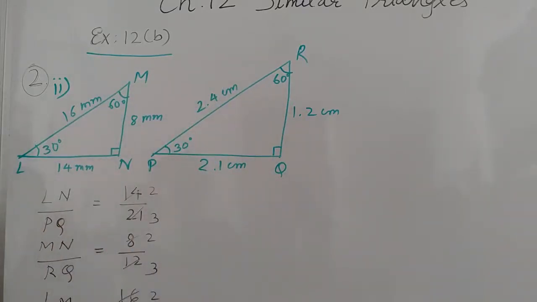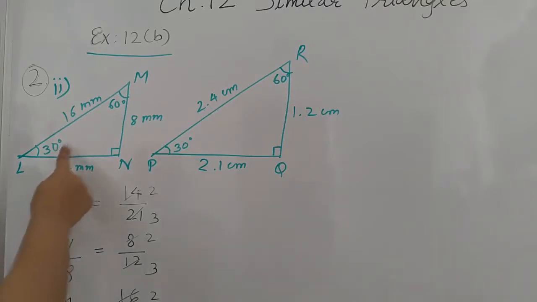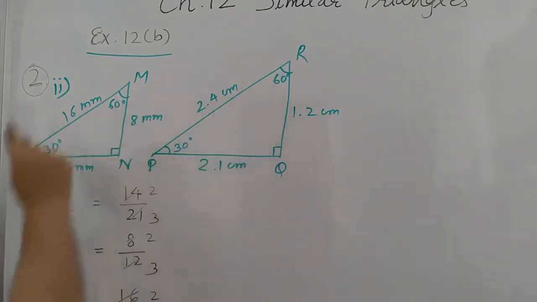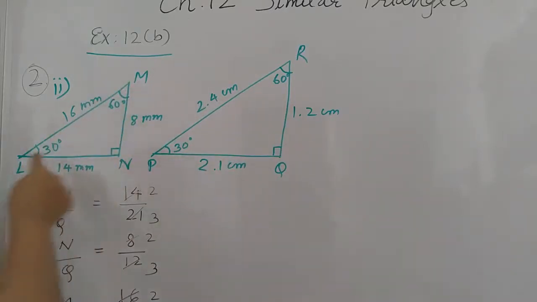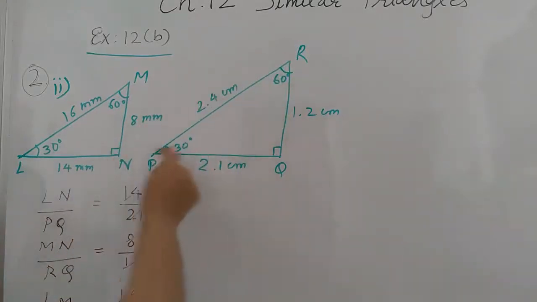We have to check whether the corresponding side ratios are the same or not and how much it is. First of all, you see 60 degrees, 60 degrees, 30 degrees, 30 degrees and 90, 90, which means all angles are the same. So MLN is similar to RPQ.